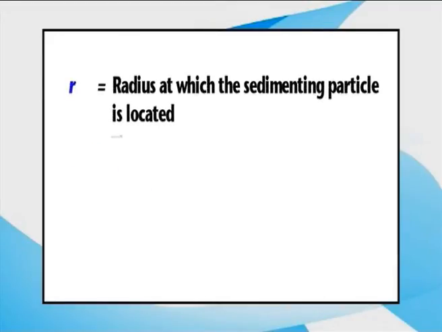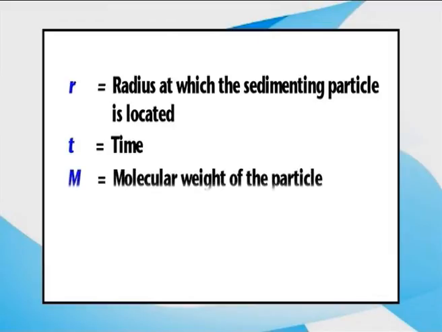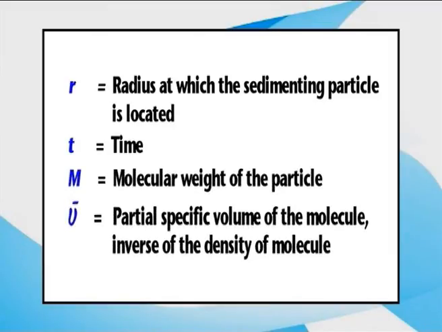where r is radius at which the sedimenting particle is located, t is time, m is molecular weight of the particle, nu bar is partial specific volume of the molecule, that is inverse of the density of molecule.